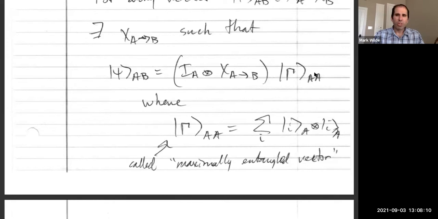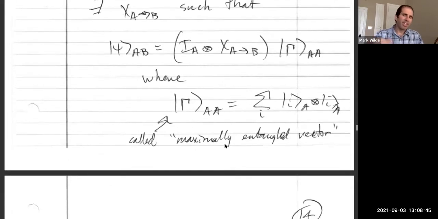I suppose we could have put a prime or a tilde on this one if we wanted to, but we didn't. This vector is special, and we often call it the maximally entangled vector. What you do is take a linear combination of these orthonormal states. You take an orthonormal basis for A, and here the space is the same, so you could take the same orthonormal basis, and then you take this correlated sum, okay? And we'll see later why we call this the maximally entangled vector.